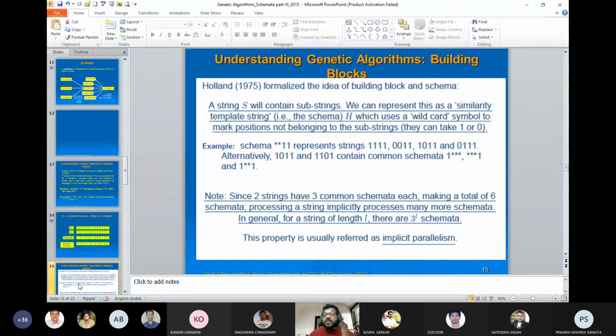For this example, the number of schemata is not one; there will be multiple H available. So three common schemata each, making a total of 6 schemata, means processing a string implicitly processes many more schemata. That means a number of solutions exist in parallel, because the schemata represent different solutions, so their occurrence we treat as parallel.